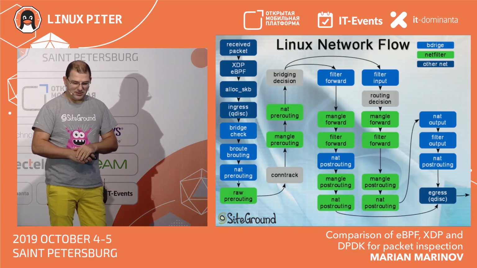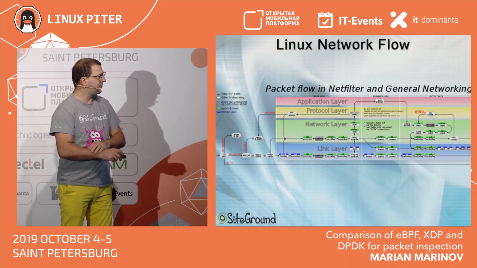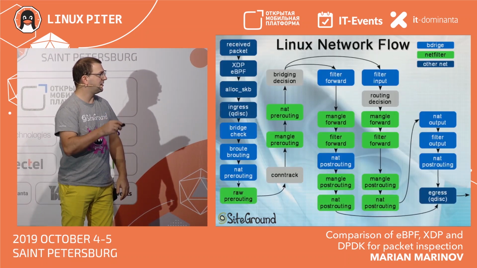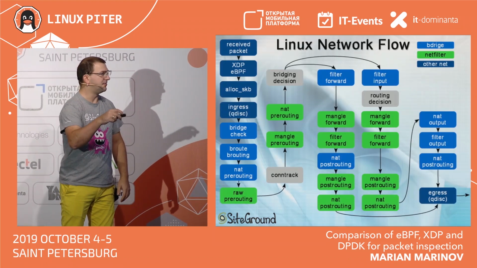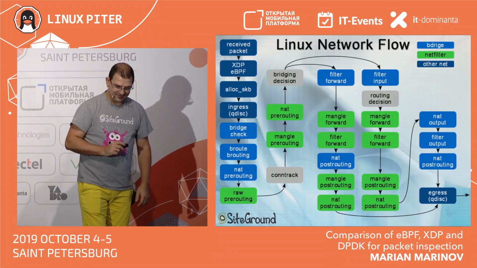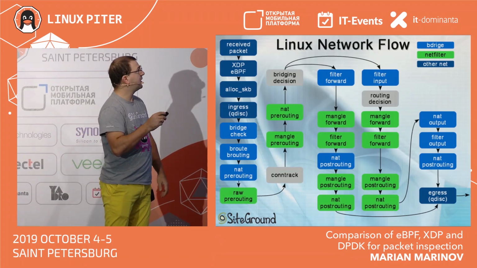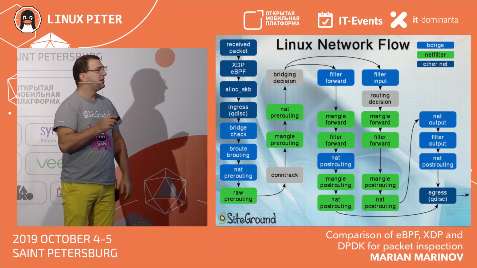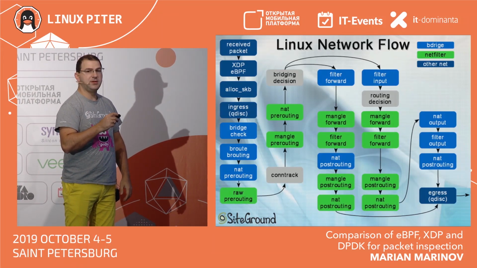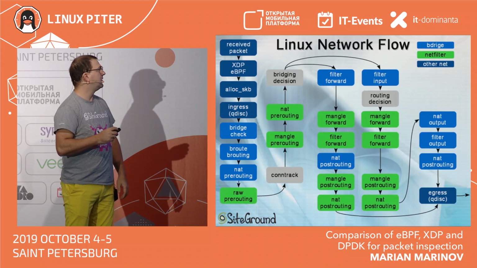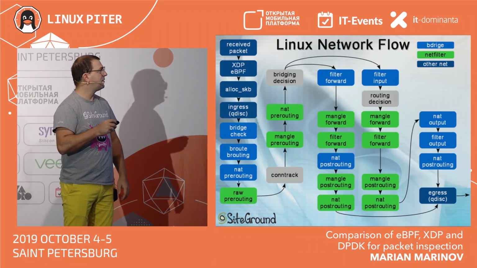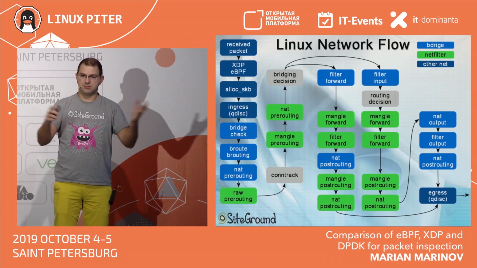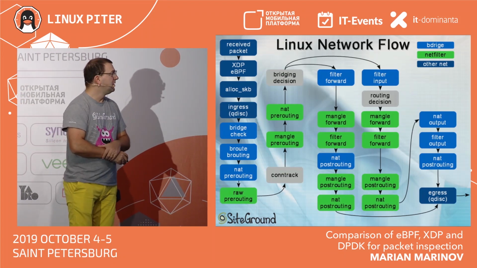So what we are going to focus on is this one here, which is this thing here. So you have a packet that is received. Then you go into your driver, and there you have XDP that can be combined with eBPF programs, and then you're allocating the SKB for the network stack onwards.